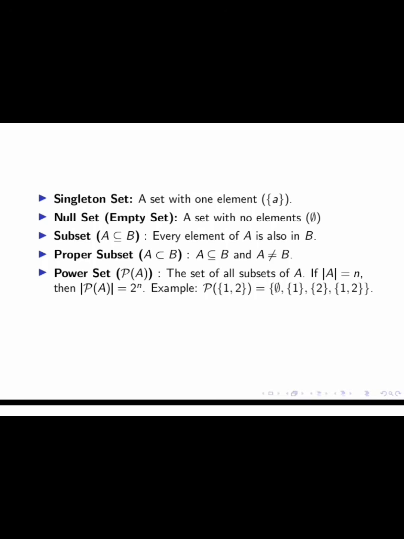So for example, if I ask you to find the power set of {1, 2}, the first thing you are going to do is find the cardinality. How many numbers do we have there? We have 2 numbers. So because you have 2 numbers, the power set is going to be 2 raised to power 2. 2 raised to power 2 is going to be what? 4.